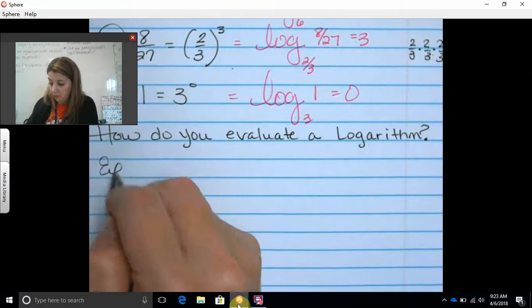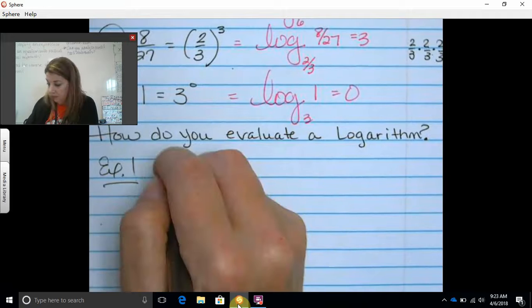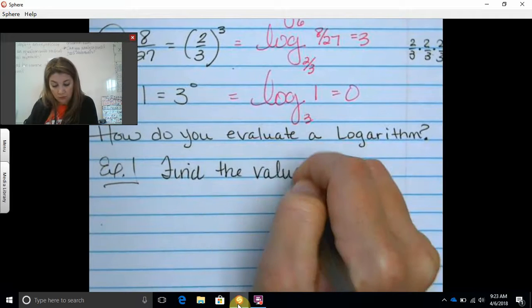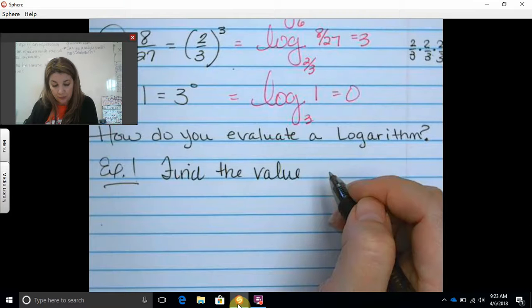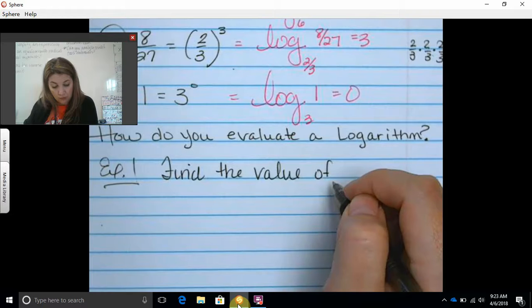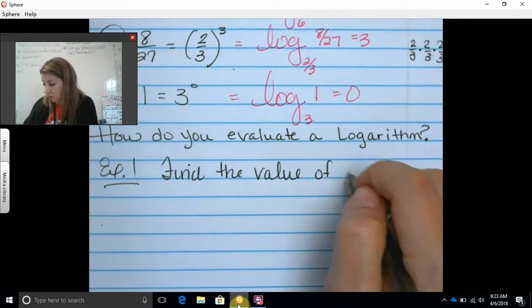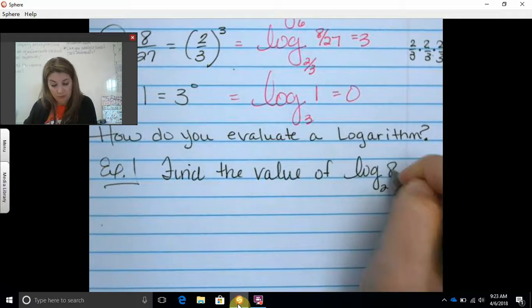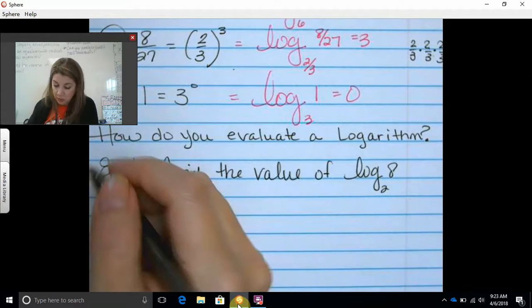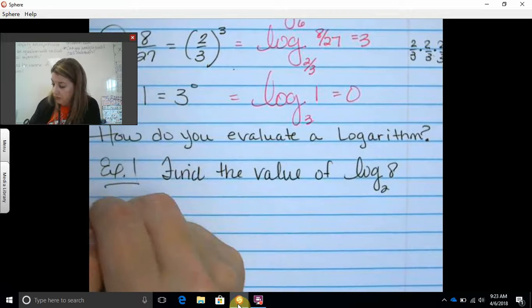First example, find the value of log base 2 of 8. So this one doesn't tell us what it's equal to, right? And it's equal to y, whatever y is. So this question is asking you to find the y value. That's what we're missing.